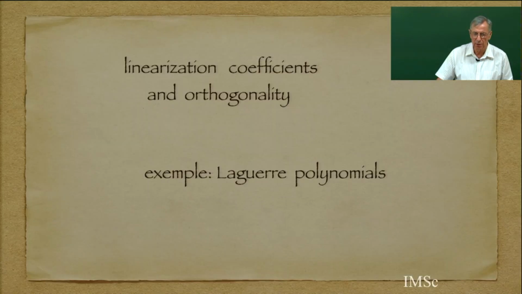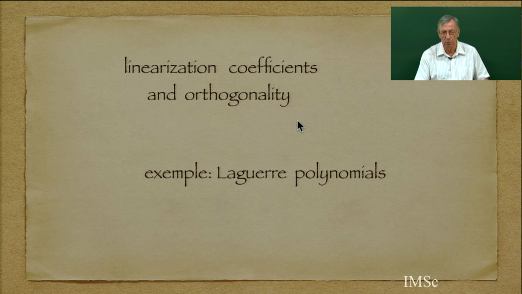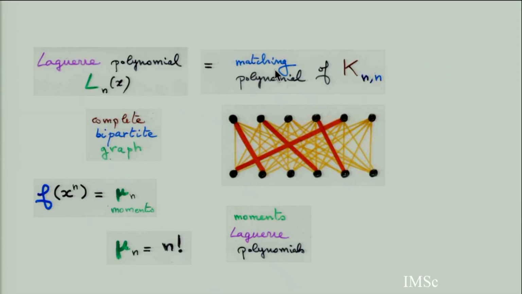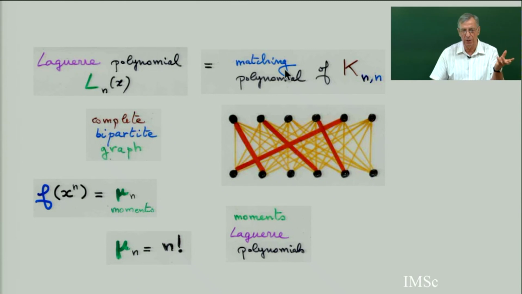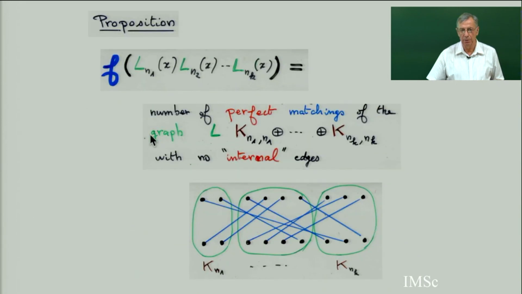So I will finish with the example of the Laguerre polynomial. For the Laguerre, it's very similar. Laguerre is the matching polynomial of the complete bipartite graph. There is a proposition that f of the product of Laguerre is the number of perfect matchings of the graph K. In an analogous way, I take this direct sum, meaning in each component K_{n1,n1}, etc., there is a complete bipartite graph.